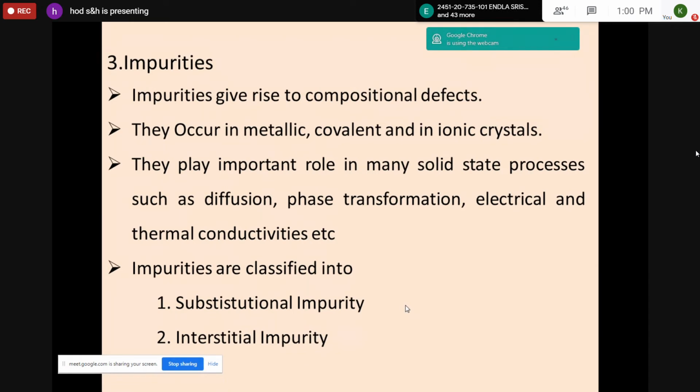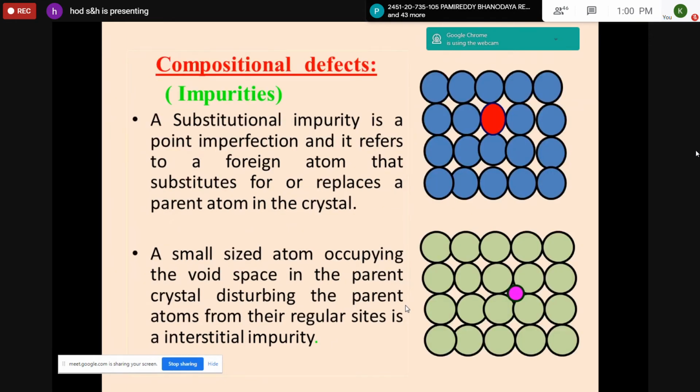Again, these impurities are classified: the first category is called substitutional impurity, and the second one is called interstitial impurity. In the table at the beginning, you saw these two. A substitutional impurity is a point imperfection, and it refers to a foreign atom that replaces a parent atom in the crystal.